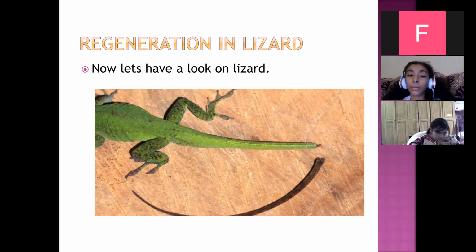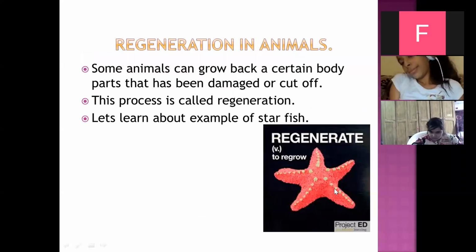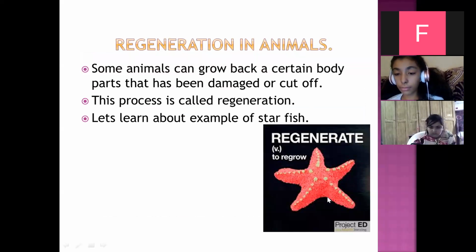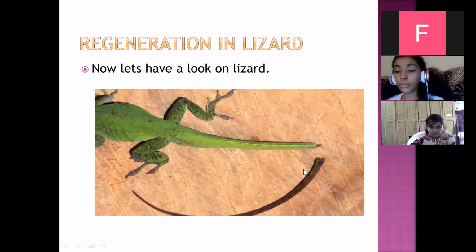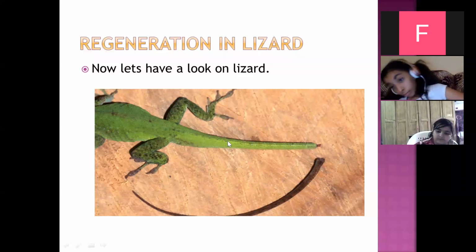If any certain part of the body in certain animals has been lost or cut, then it can develop a new body part. As in the case of the starfish, if it loses one of its arms, it can develop a new arm after that. And in the case of this lizard, if the tail has been damaged, then it can develop a new tail over here.